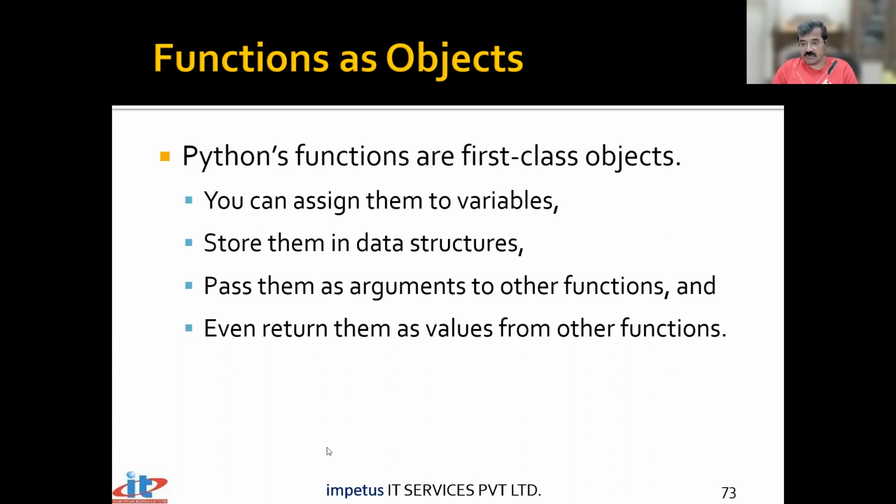If you can carry out these 4 operations, they are first class. Either take a note or take a snap. But that's very important. If somebody asks you about special things about functions in Python, you could just say they are first class citizens or first class objects. Why? Because of all these things.